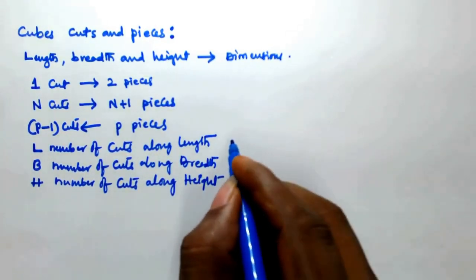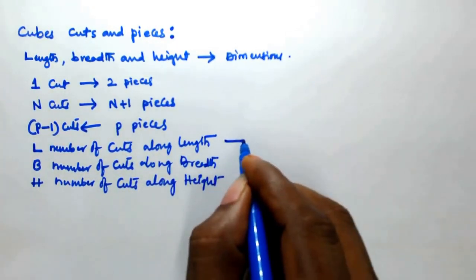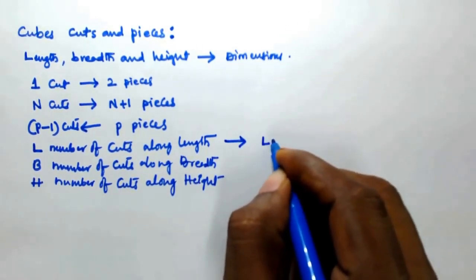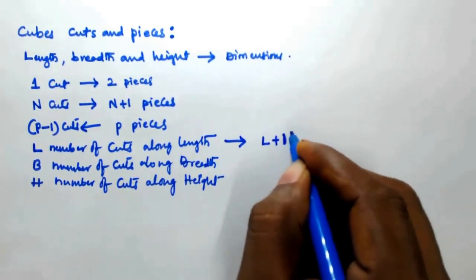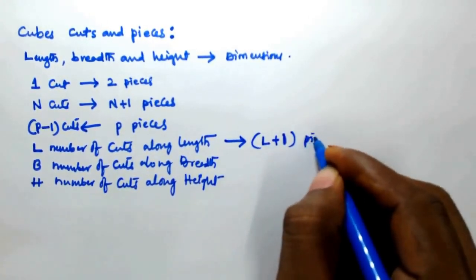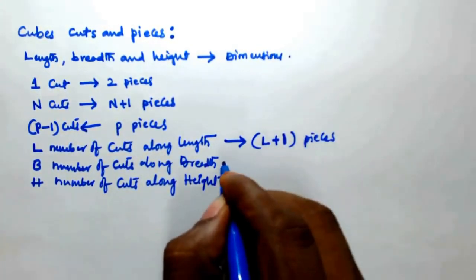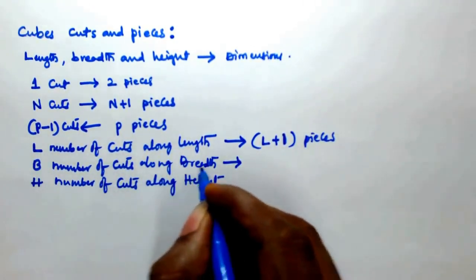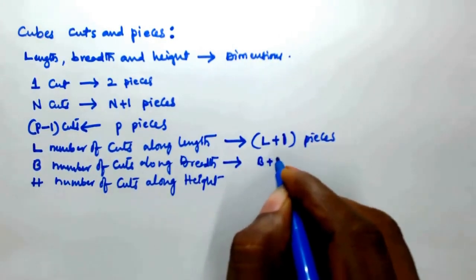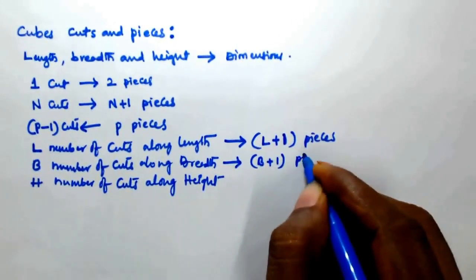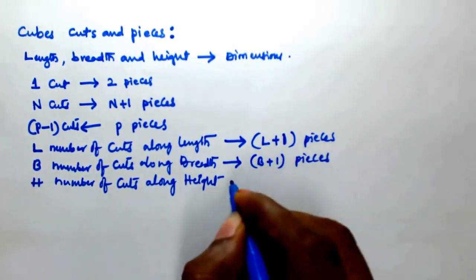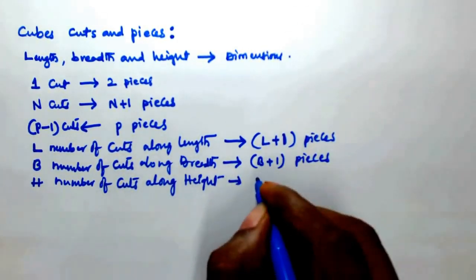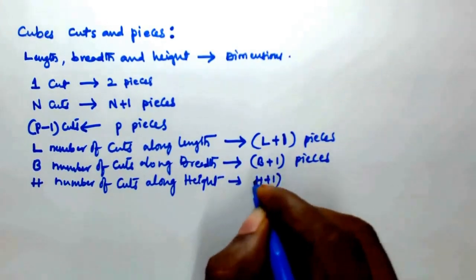So if we make L number of cuts along length, we will get L plus 1 pieces, right? If we make B number of cuts along breadth, we will get B plus 1 pieces. And if we make H cuts along height, we will get H plus 1 pieces.